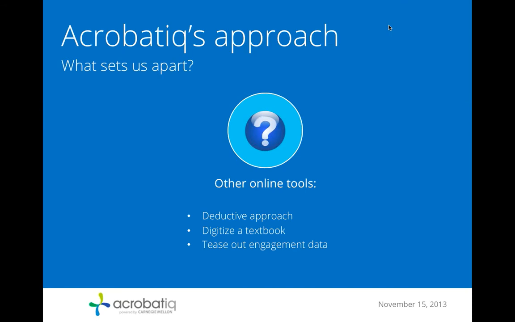Other online tools you may have encountered take a deductive approach to their materials. They'll digitize a textbook, and then they'll measure certain engagement data: how long students participated in certain areas, whether they performed this task or that task, how well they did on a 25 question quiz.